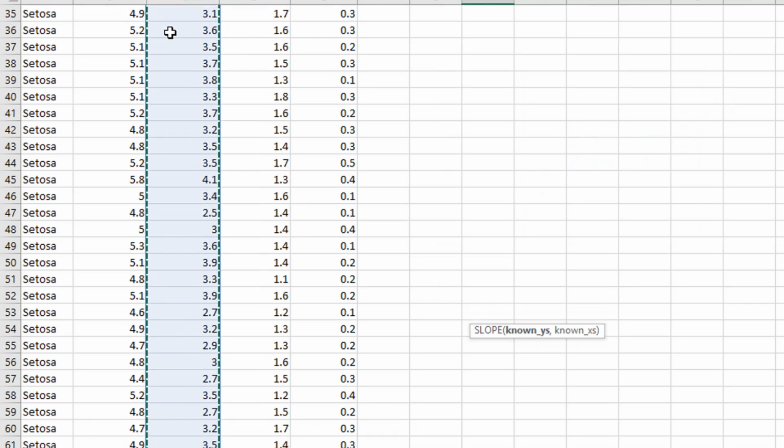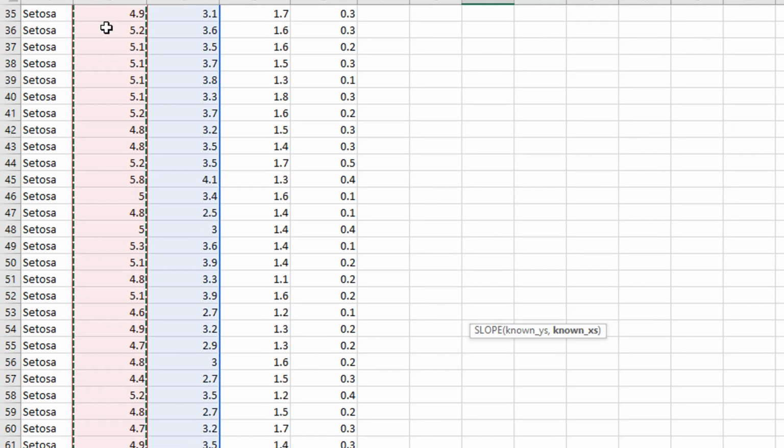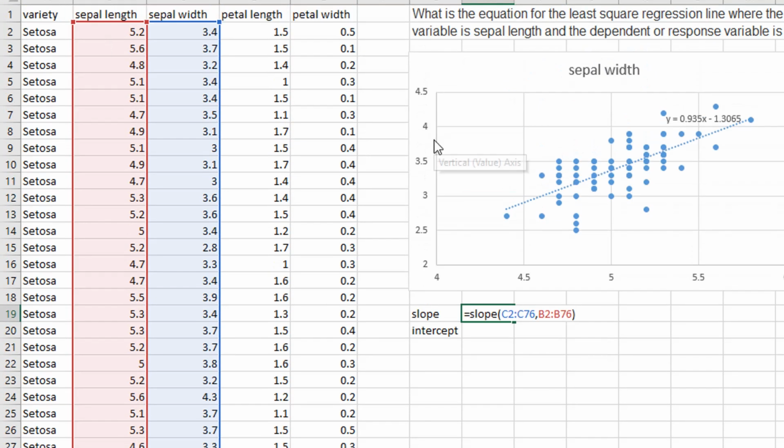That's C2 down to C76, comma, and I'm going to now select my known x's. That's my sepal lengths. That's my predictor variable. Notice that the order of things is different. Before, you have to go y values, then x values. And after doing that, I'm going to hit enter, and that gives me the slope.